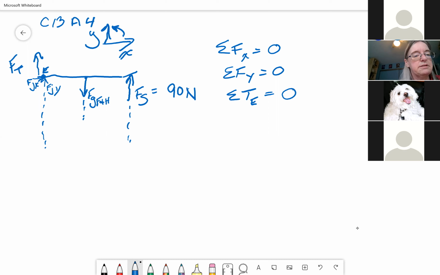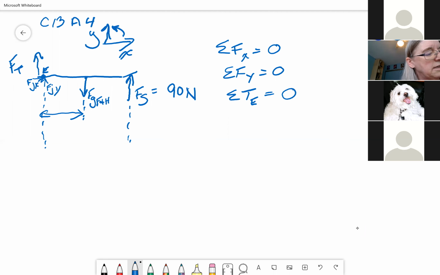Well, we need some distances. That distance, which is the moment arm, because the arm is in a horizontal position. That means that the force of gravity and the force of the scale are both acting straight vertical, which means they'll be at 90 degrees. So however far those forces are from the axis of rotation, which is the elbow, or the point that we are taking our torques around, is going to be our moment arms because it's 90 degrees.